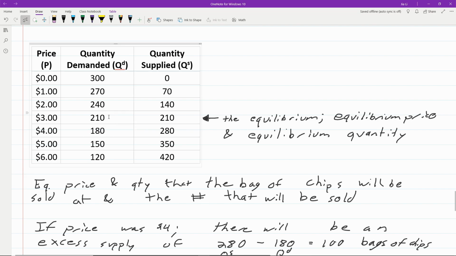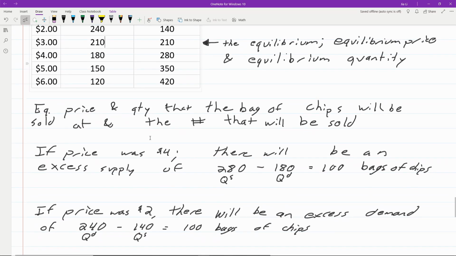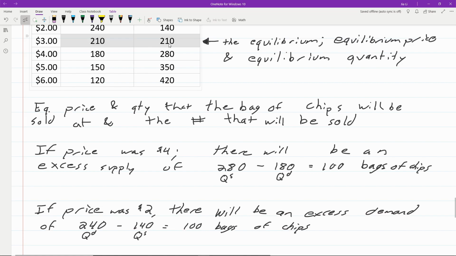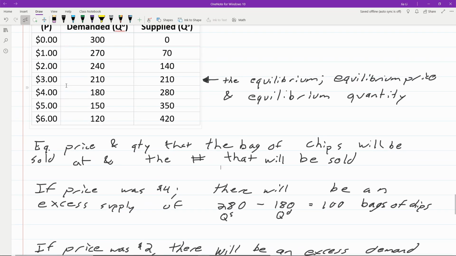It's only when quantity demanded is equal to quantity supplied that there's no longer pressure for the store to change the price. That is why it should be here at a price of $3, where quantity demanded is 210 and quantity supplied is also 210. That is also why it's called the equilibrium. The equilibrium is just a term that means it's a state in which nothing should change, right?